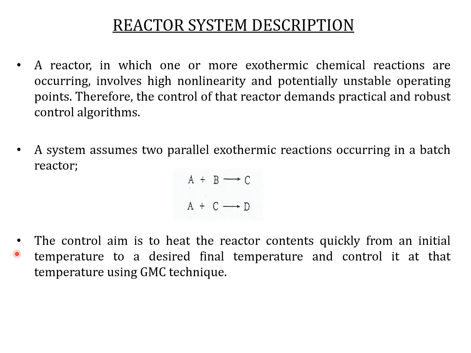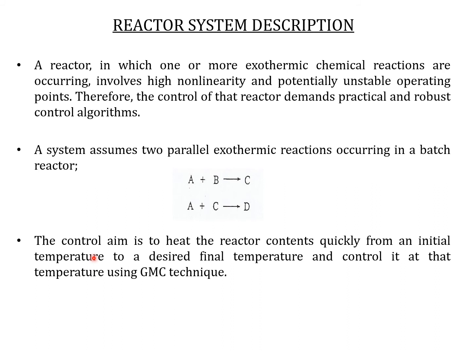Basically we want to control it at a certain profile. Heat the reactor and reach a certain profile, and that's not easy to achieve using the normal conventional method. It's not just one set point, but a profile of the set point.